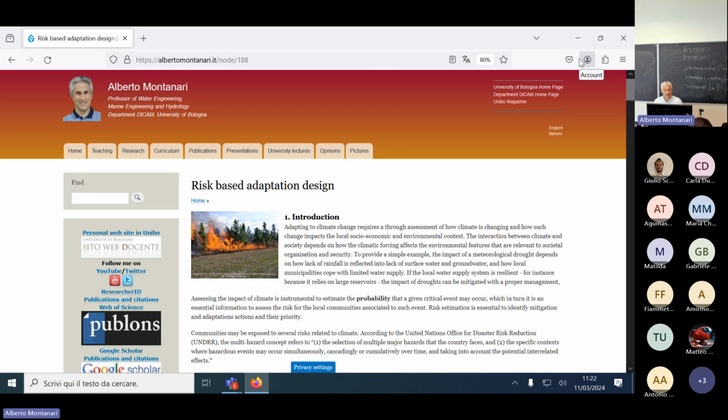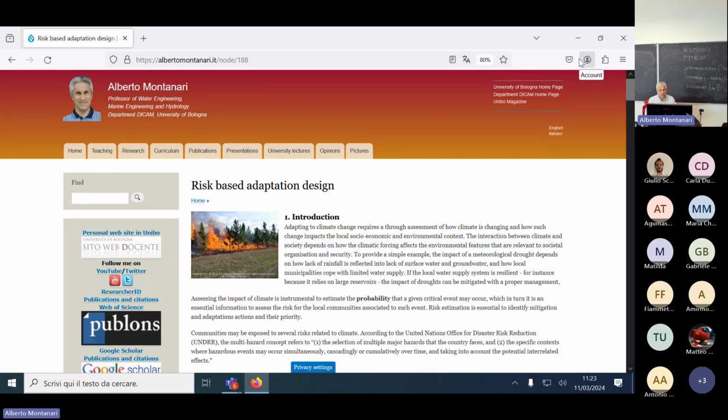So this is why in climate change, there is the opinion that decision-making should be risk-based. And this is why then we deal with risk-based design, adaptation design, and not, for instance, cost benefit. We don't get into the details of cost benefit.